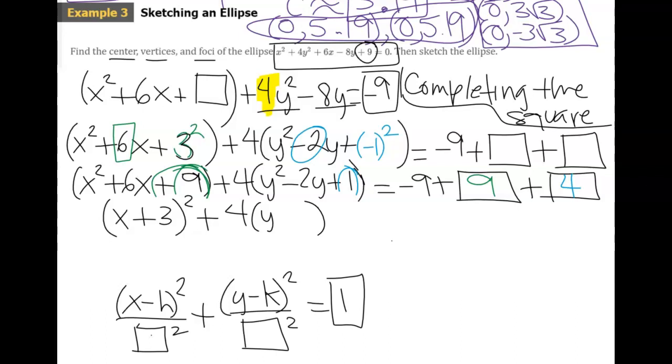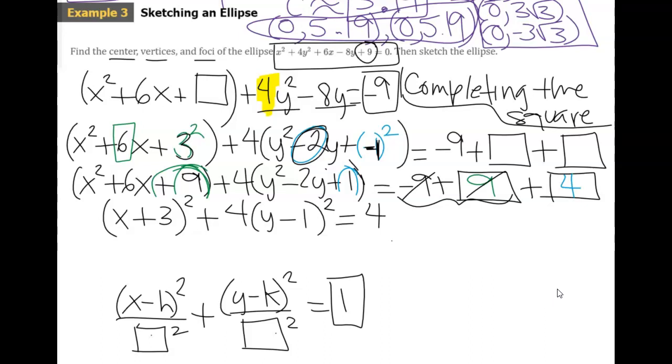And in this case, we're going to use a -1, because that was the half of this number, -1 and square. Now, what do we have on the right side? We have -9 plus 9 is 0. Plus 4 is going to equal 4.